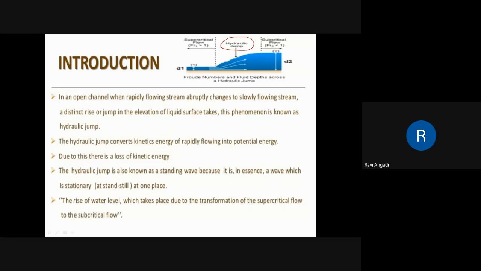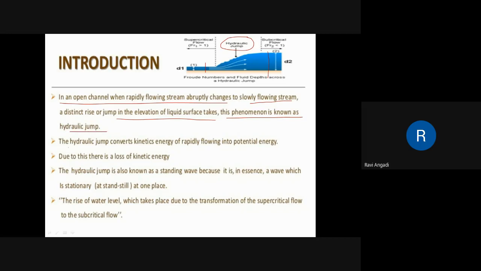Okay. So in an open channel, when a rapidly flowing stream abruptly changes to a slowly flowing stream, a distinct rise or jump in the elevation of the liquid surface takes place. This phenomenon is known as a hydraulic jump.